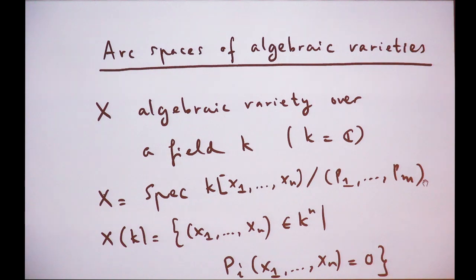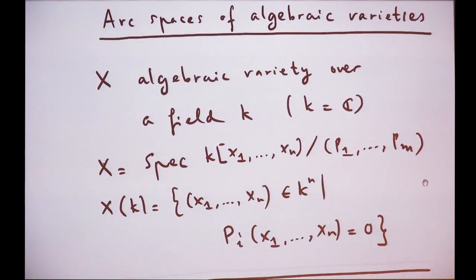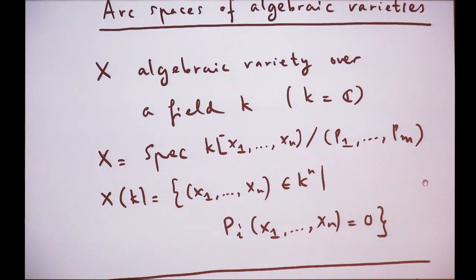So let me explain what an arc space of an algebraic variety is. Let X be an algebraic variety of finite type over K. That means I have finitely many variables, x1, x2, ..., xn, and finitely many equations, P1, P2, ..., Pm, which are polynomials in those variables.